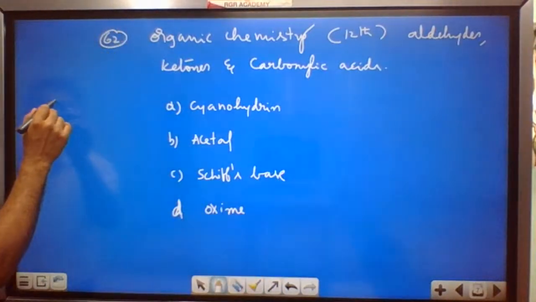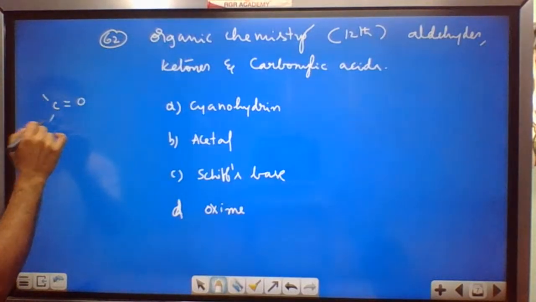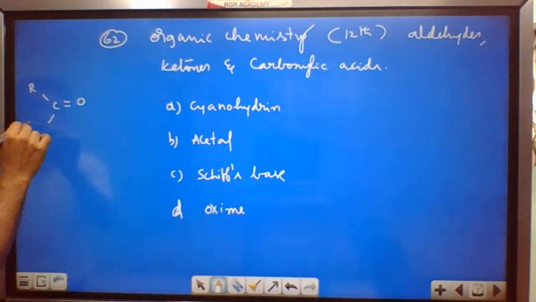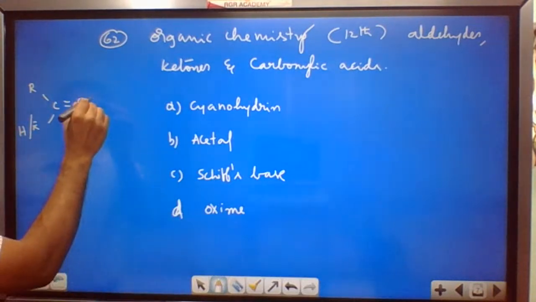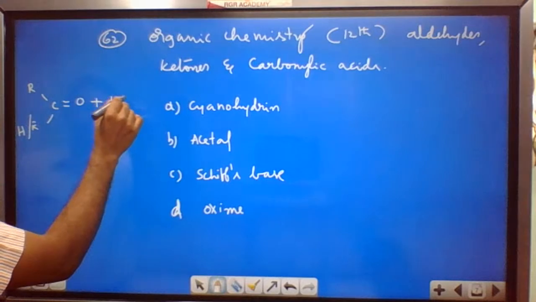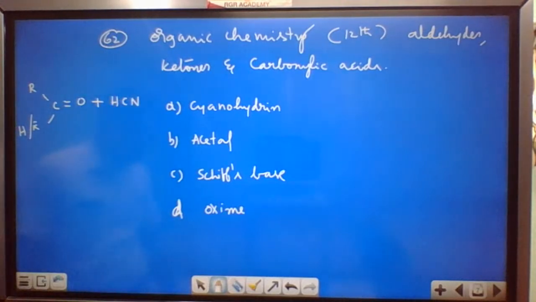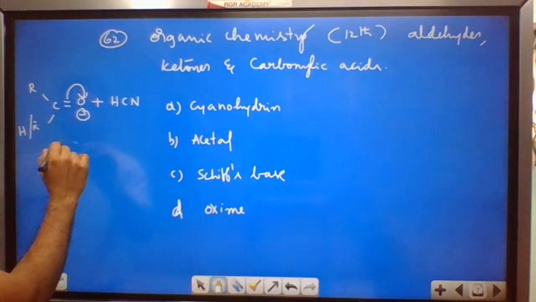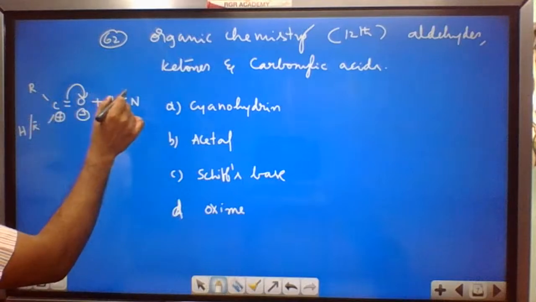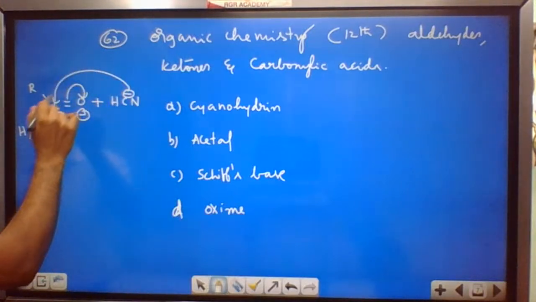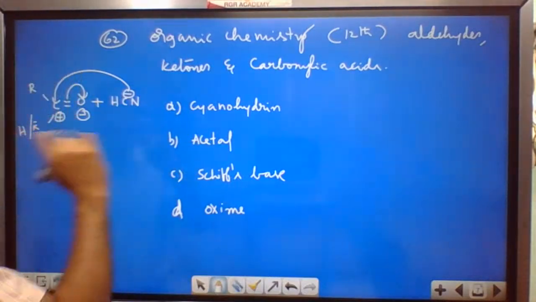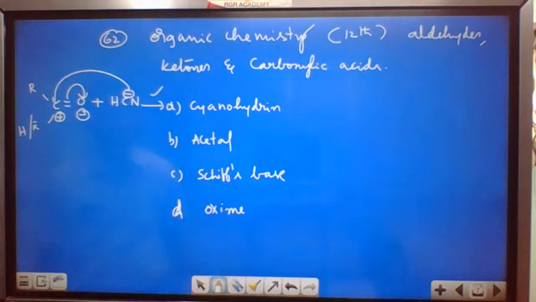You see that C double bond O, this is a carbonyl compound, maybe aldehyde or ketone. If both R's are there, we can say ketone. If it is H, aldehyde. When it is treated with HCN, this is a nucleophilic addition reaction. You see that these pi electrons are shifted onto the oxygen, so it will become minus and the carbon will become plus. So the nucleophile is adding onto the electrophilic center. So you get cyanohydrin. HCN will give cyanohydrin.